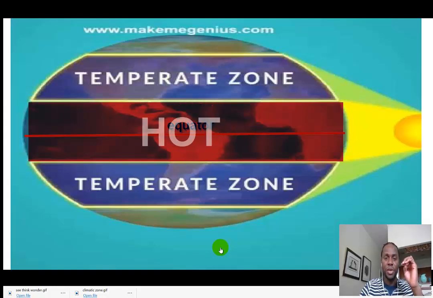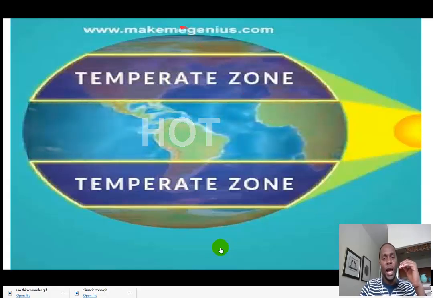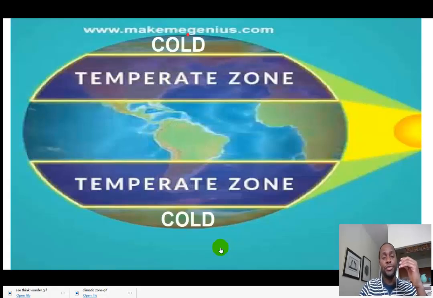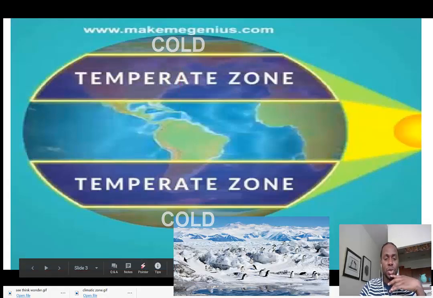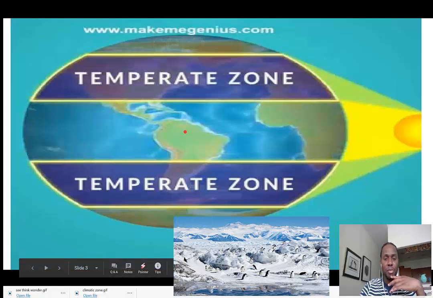And as you move from the equator towards the North Pole or towards the South Pole, the amount of sunlight and heat decreases. That is why at the pole we have frozen grounds, glaciers, or ice in the polar region. The same thing applies to the southern pole as well. The amount of light and heat decreases as you move away from the equator towards the pole.